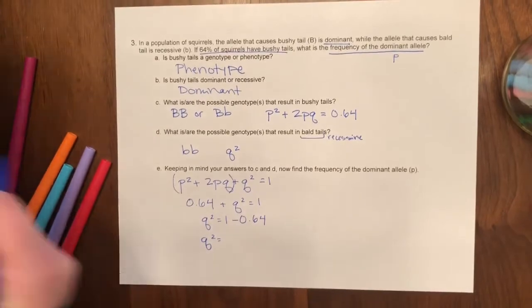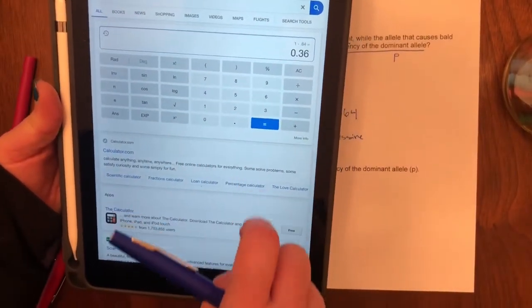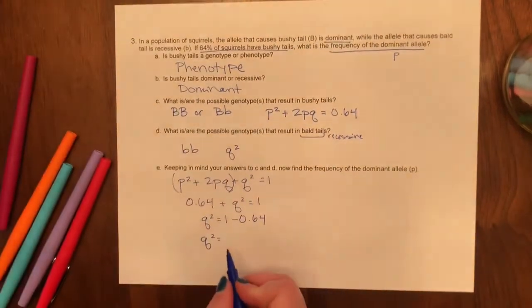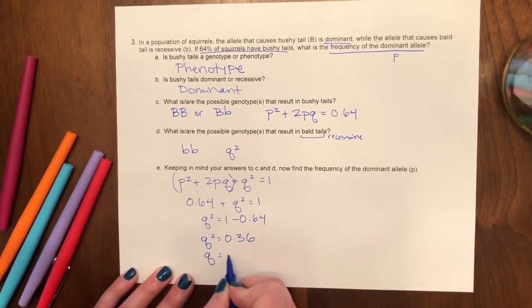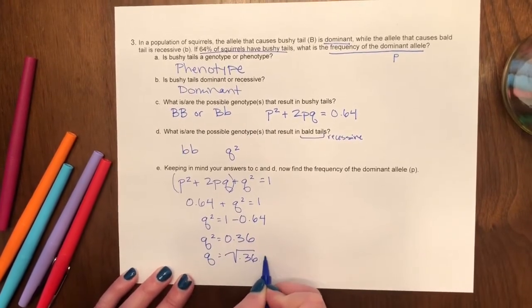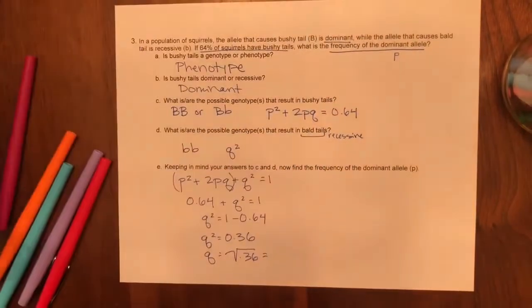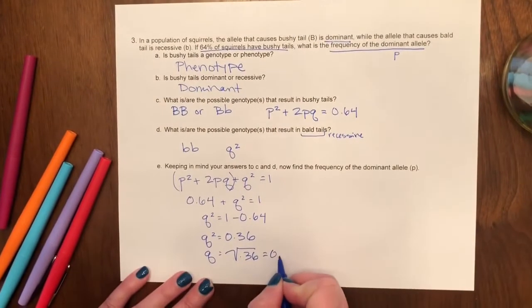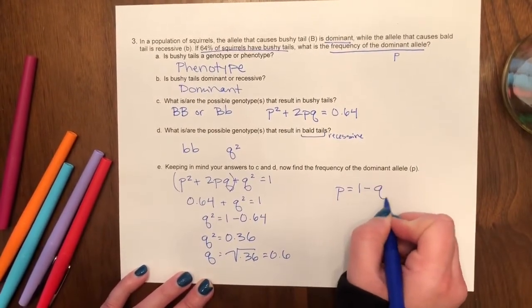So q squared, remember, we always want to check our math. 0.36. So then q is the square root of 0.36, which is 0.6. So then p is just going to be 1 minus q.